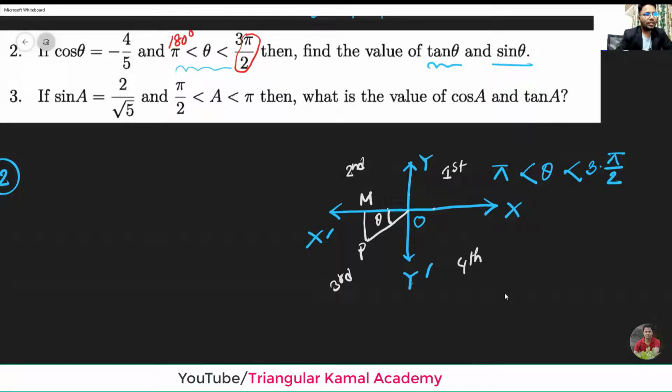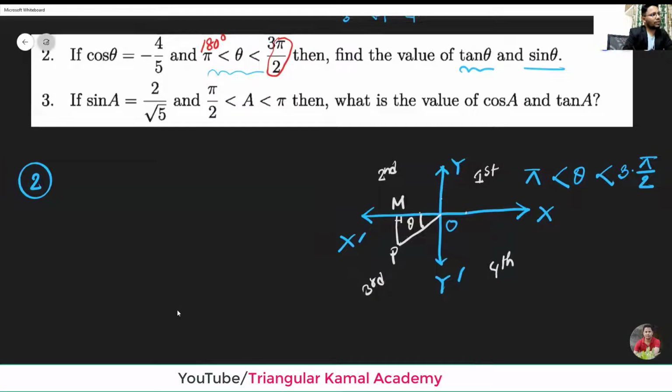Now this is the perpendicular symbol. Here given number 2, cos theta is equal to minus 4 by 5. Given that the value of cosine, or shortly cos theta, is equal to minus 4 by 5.